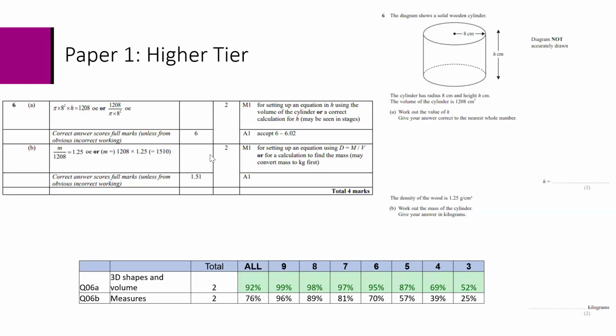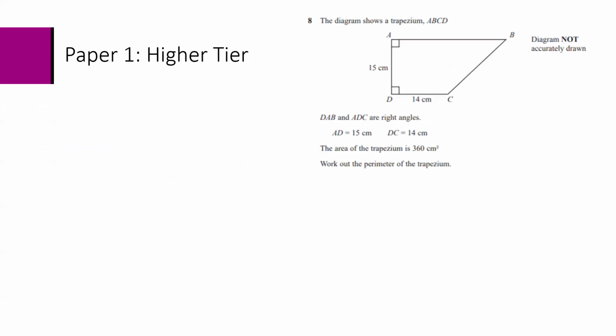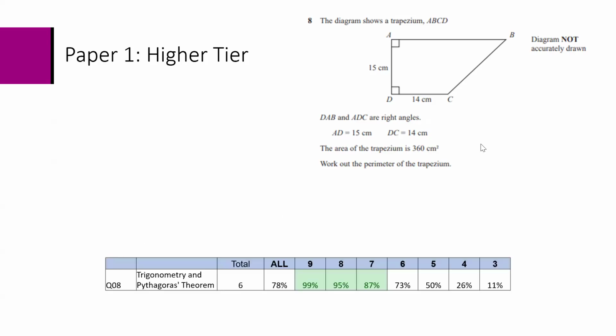Okay, let's go for another one. Again, it's a shape and space question. The reason I'm popping this one up is that when we look at the statistics, I think this question is a good indicator of grade 6 or grade 7 performance. It's one to keep an eye on if you're using these past papers as mocks. For grade 7, 8, and 9 students, it was in the top 10 performing parts or subparts of a paper.